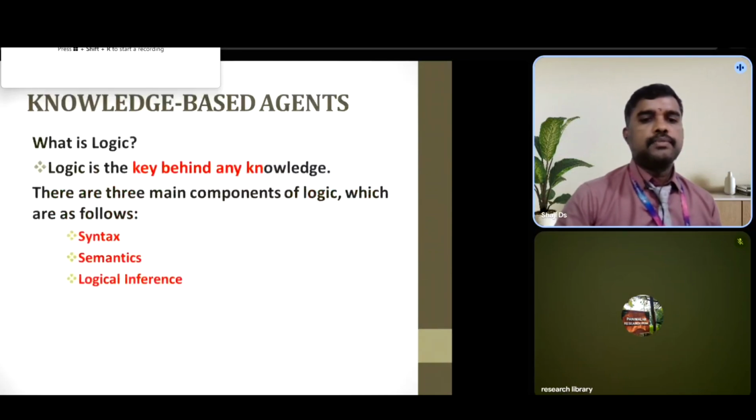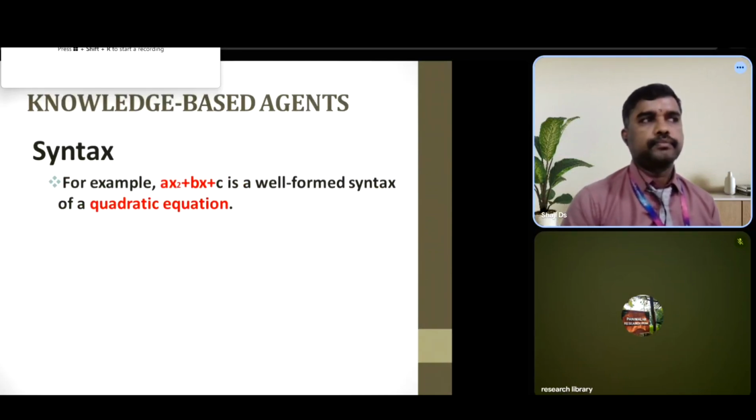It is the sequence of a specific language which should be followed in order to form a sentence. So we know that if we move for any formulation or any algorithm, we have to use a certain format. That format we call a syntax.